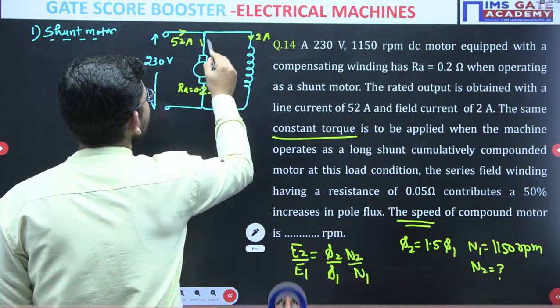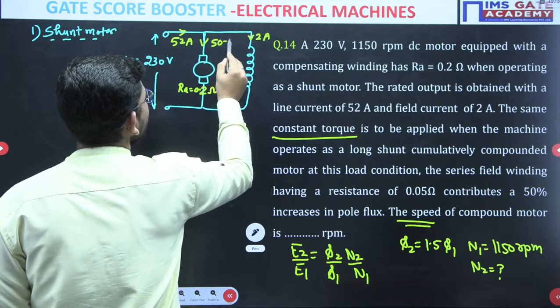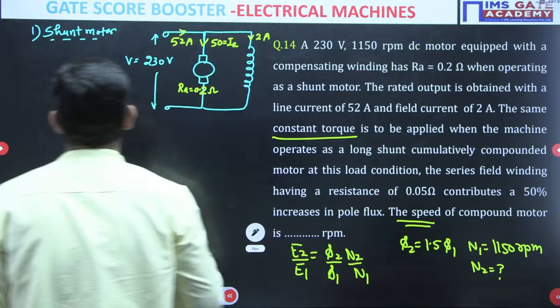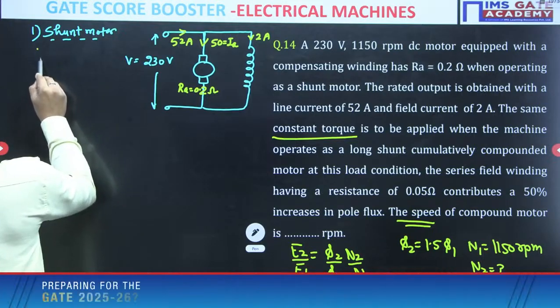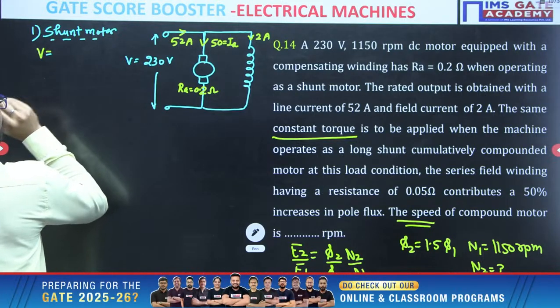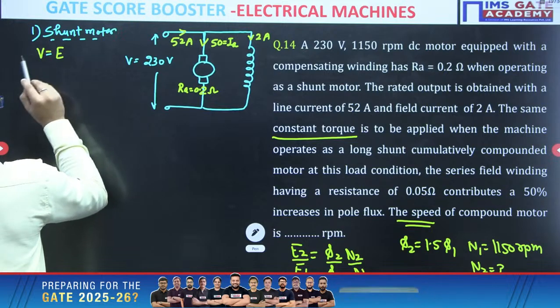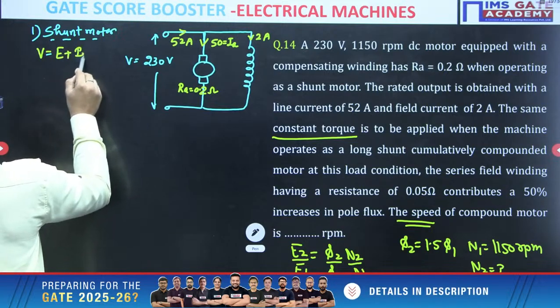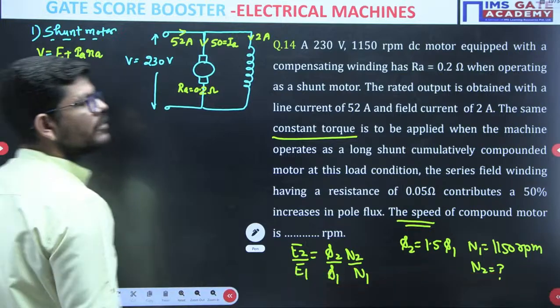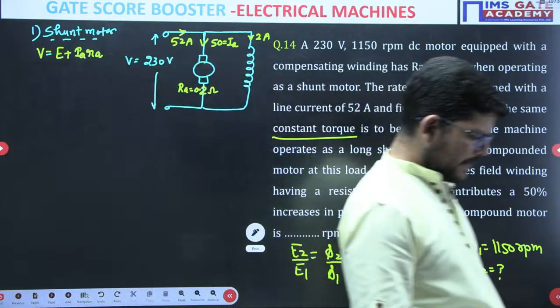Then how much is this current? Obviously 50, and that will be our armature current, right. Now apply KVL. So V is equal to E plus Ia Ra, right. V is equal to E plus Ia Ra.